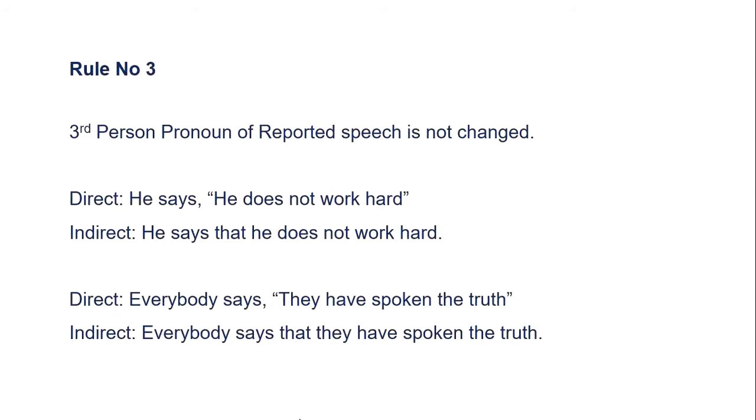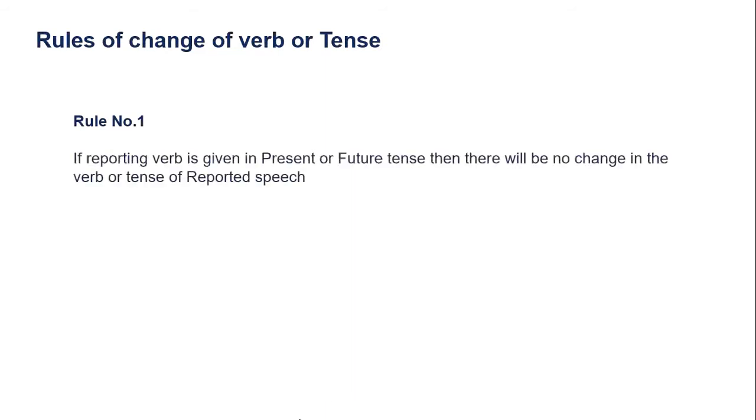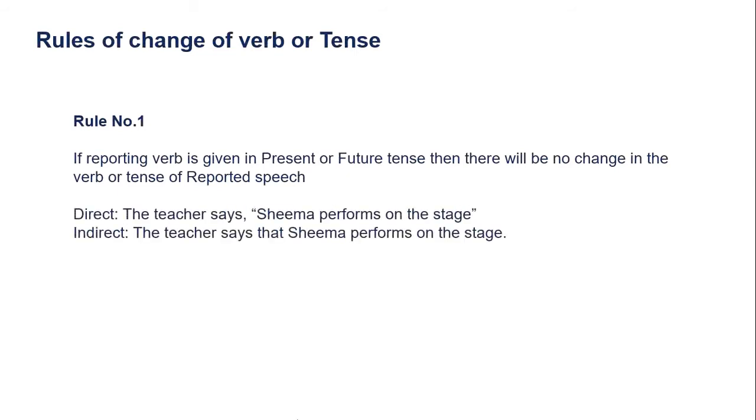Okay, clear. Rules to change of verb or tense. Let's learn it. If reporting verb is given in present or future tense, then there will be no change in the verb or tense of reported speech. Let's see an example. The teacher says, "Shima performs on the stage." Indirect speech will be, the teacher says that Shima performs on the stage.